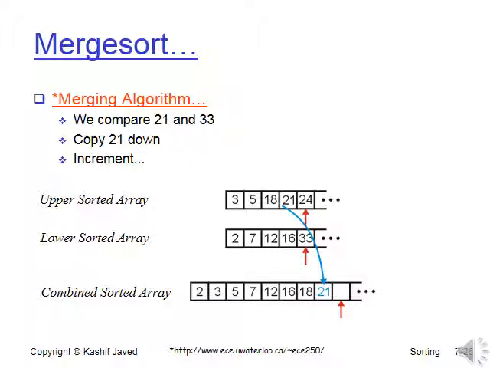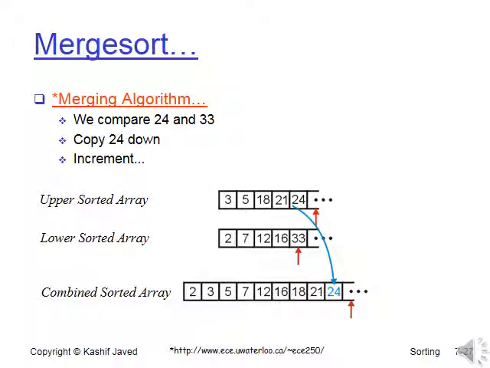This time we compare numbers 21 from the upper sorted array and 33 from the lower sorted array. Since 21 is less than 33, we copy 21 down into the combined sorted array, thus incrementing the indices of the upper sorted array as well as the combined sorted array.